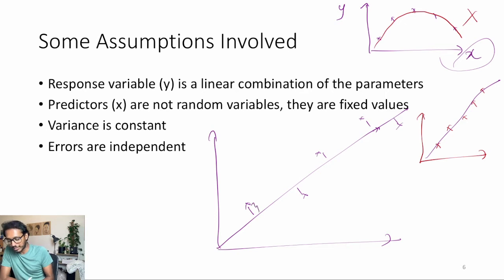We assume that this is constant and not proportionate to the actual y value. Because in most cases we would assume that if we are predicting something small, we'll have a smaller error, but if we are predicting something bigger, we'll have a bigger error. We assume that that's not the case.